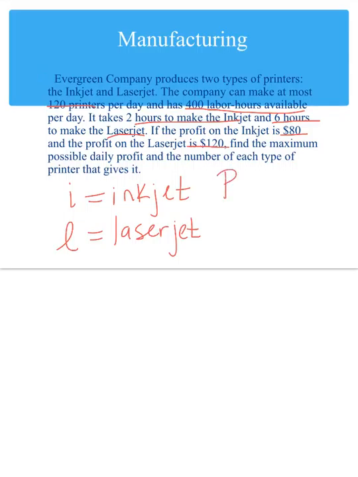So we know P is equal to 80 times however many inkjets plus 120 times however many laserjets. I want to see if you can go through and figure out your constraints and solve this problem. You're going to determine the number of each type of printer that gives the maximum daily profit. Go ahead and do that problem and submit it on the screen you see to the right.